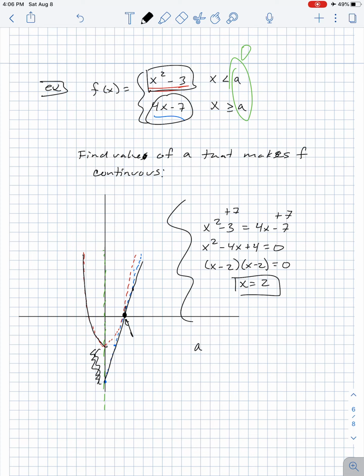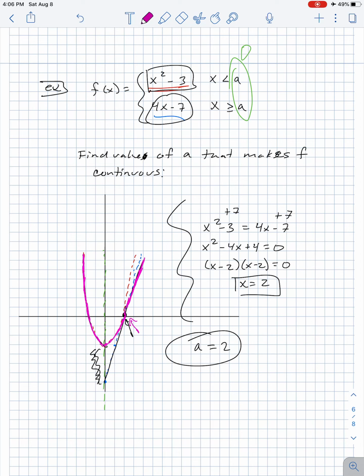So my answer would be that a should be 2 in order to make these continuous. And then what you'll have, let me do highlighter so you can see. If I take this parabola all the way over to x equals 2 and then transition to the blue line, then I have a seamless transition right there, and the whole function's continuous.